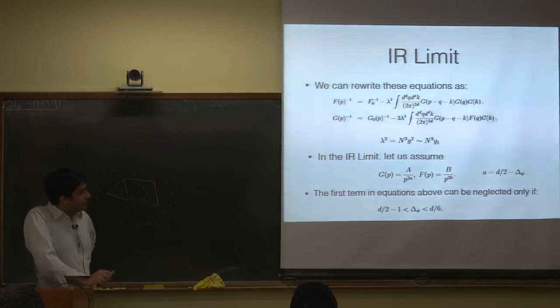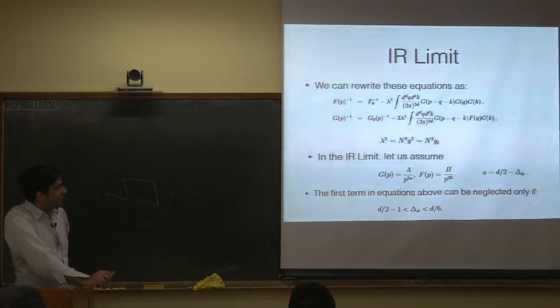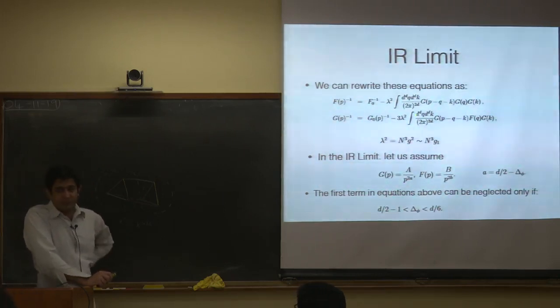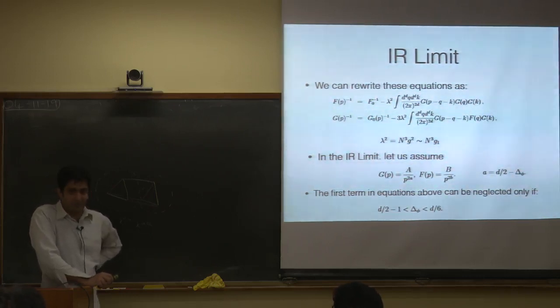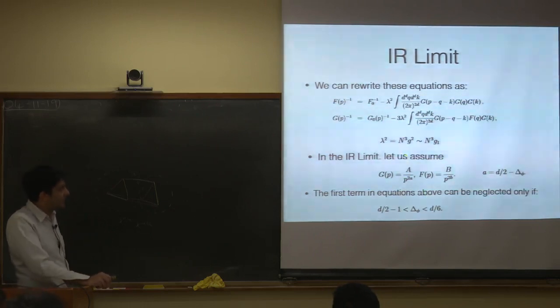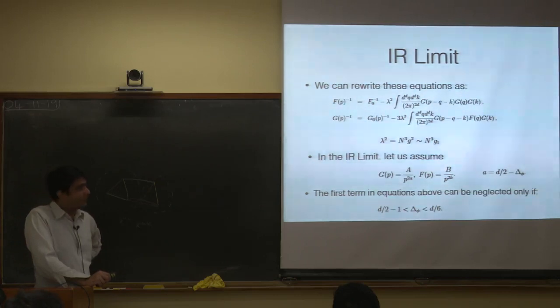Well, we can even look here. We know the f naught and g naught dimensions from the free theory. F naught is the chi and g naught is the phi. F naught is dimensionless, and g naught is 1 over p squared.